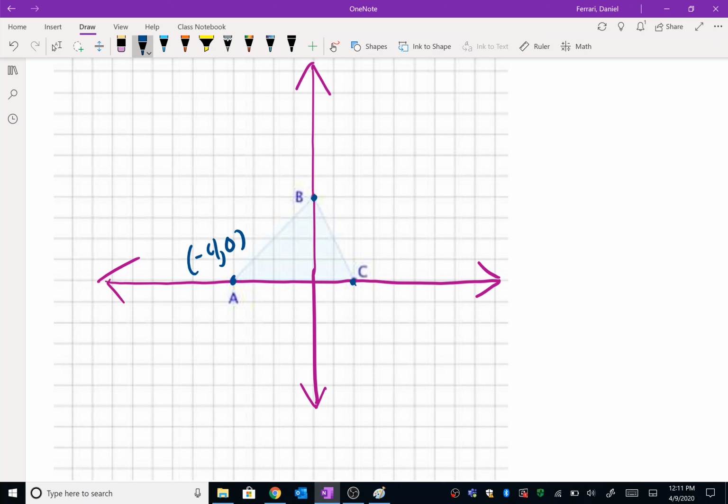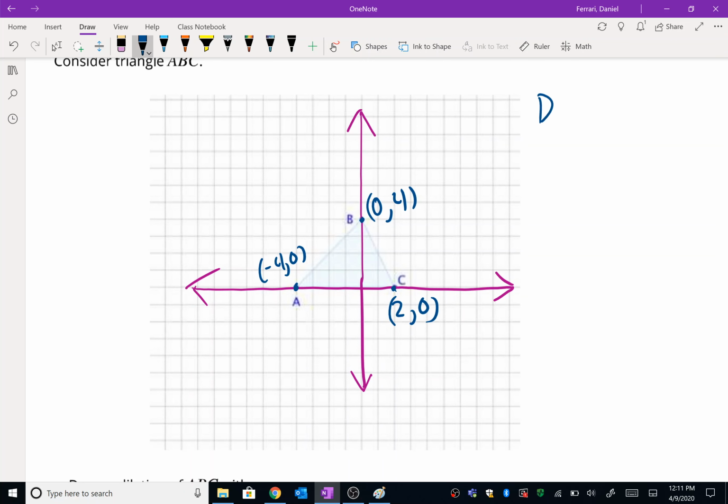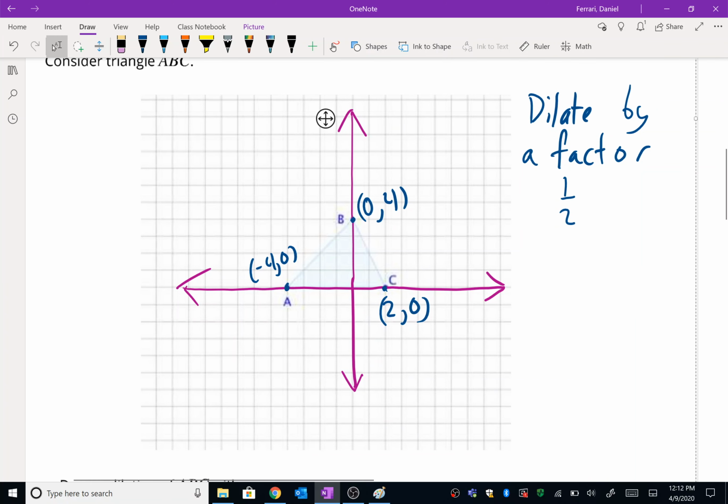Point B is going to be 0, 4. And point C is going to be 2, 0. Now, I want to dilate this by a factor of 1/2. So what that means is I need to take all of these numbers and multiply them by 1/2. Or in other words, figure out what half of these numbers is.